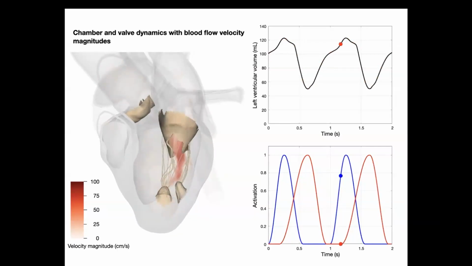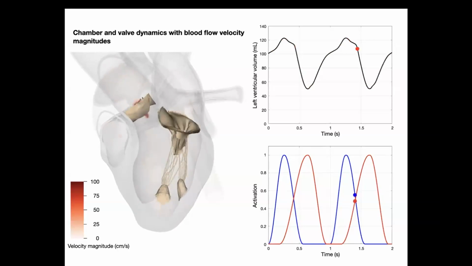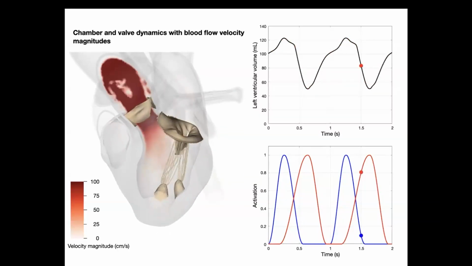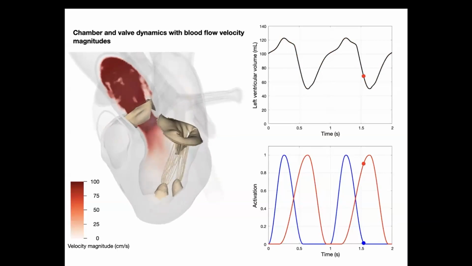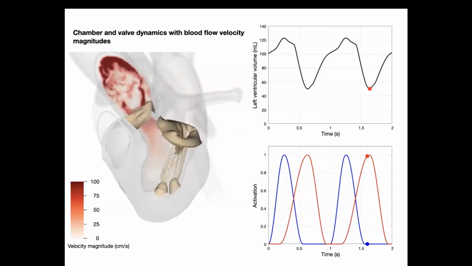So this is the heart model where what we're doing here is prescribing activation timings for the upper chambers of the heart. That's this blue curve here. We're prescribing activation timings for the lower chambers of the heart. This is the red curve here. The atria contract spatially synchronously.